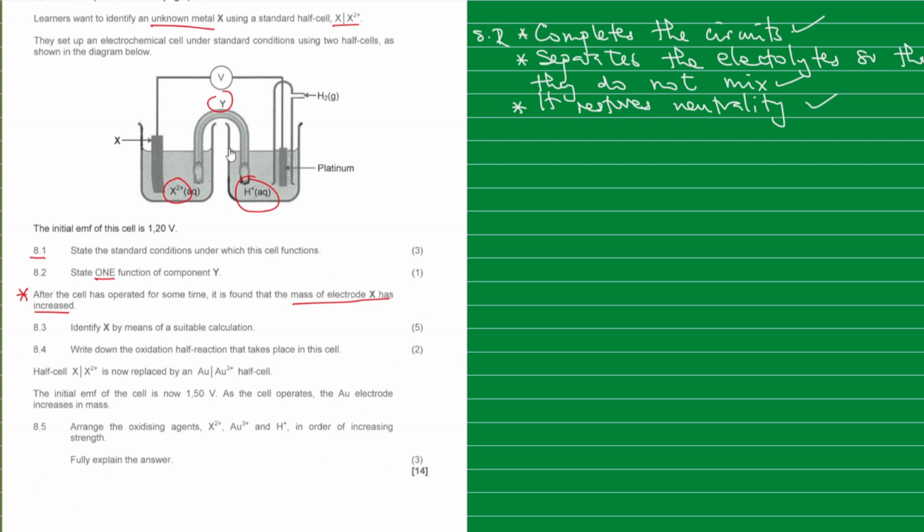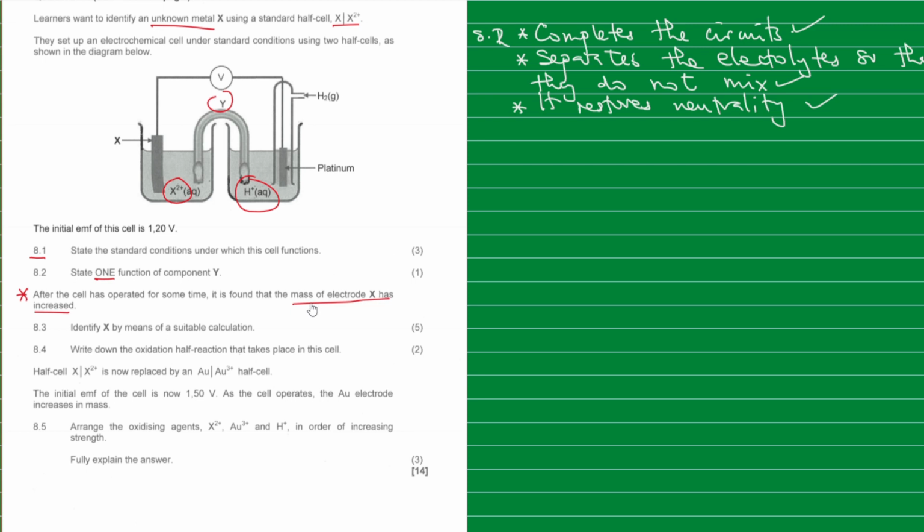So we know that in these two half cells, one half cell is the anode and the other one is the cathode. Now this statement will tell us which one is the anode and which one is the cathode. We know that the anode is where oxidation is taking place.